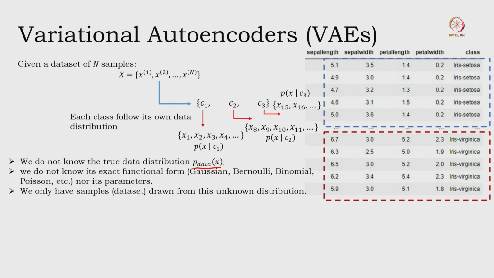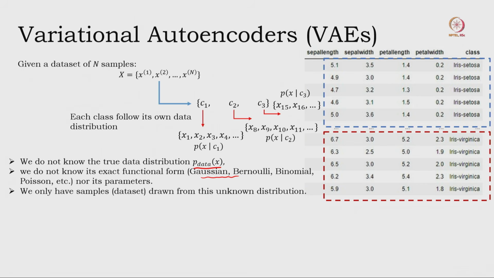What is the true functional form? Whether the data is coming from a Gaussian distribution, or a Bernoulli, a binomial, or a Poisson. We do not even know which distribution our data belongs to. We do not even know that basic thing. If we do not know any of this, obviously we do not know its parameters either.